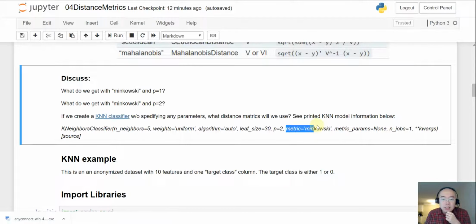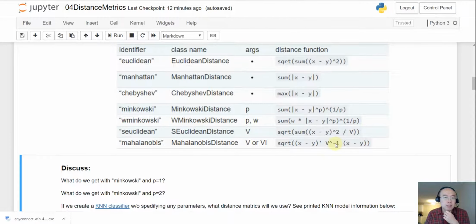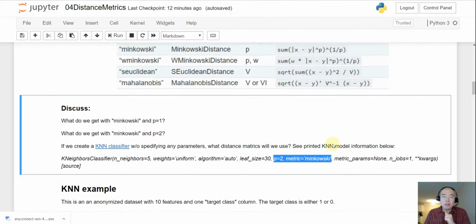The metric, which is the distance metric, is by default Minkowski distance, with p equal to 2. Just now we discussed that the degree 2 Minkowski distance is Euclidean distance. So this means by default, if we don't specify any hyperparameters, the k-nearest neighbor you get will use 5 as the k value, and it will use Euclidean distance.